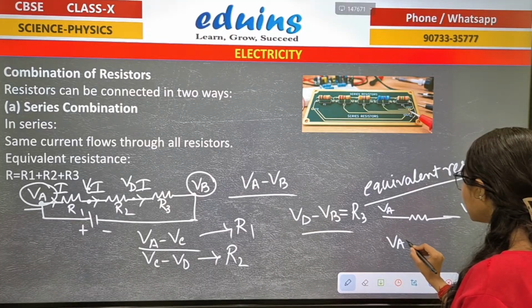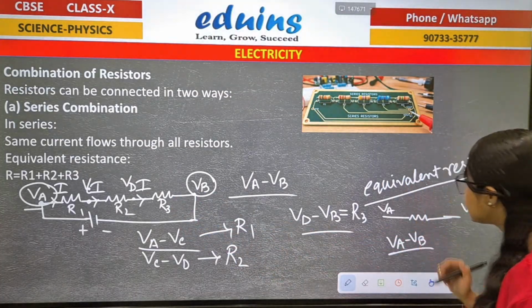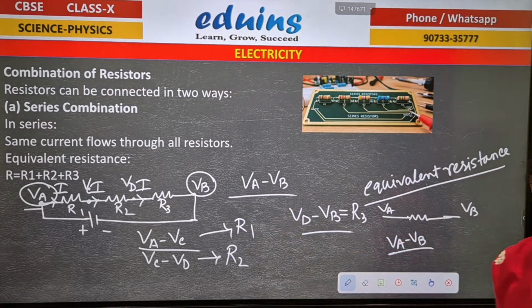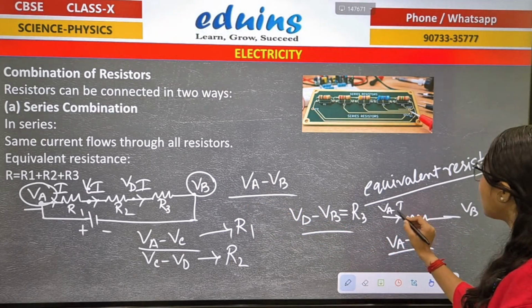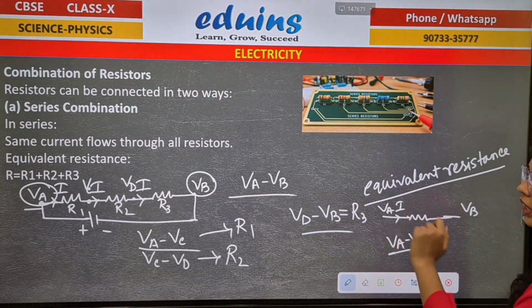So VA minus VB must be equal for this circuit and that circuit. When we add an equivalent resistor, we replace all the resistors here, and the current flowing through the circuit must be the same as in the previous circuit.